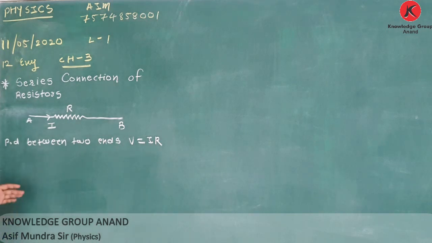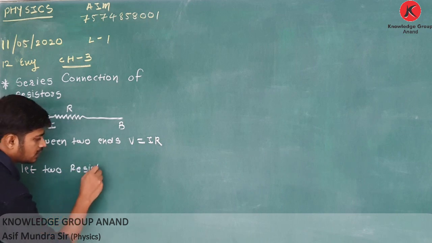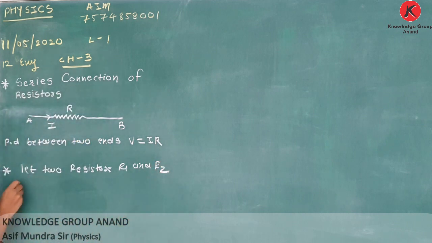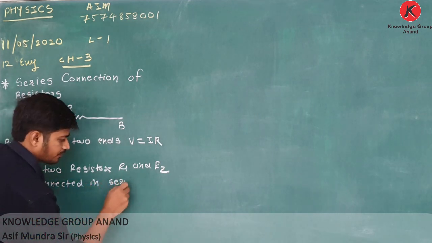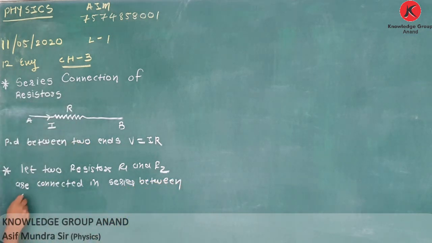Now, here we have to identify series connection of resistors. For example, we have two resistors R1 and R2 connected in series between A and B, like this.